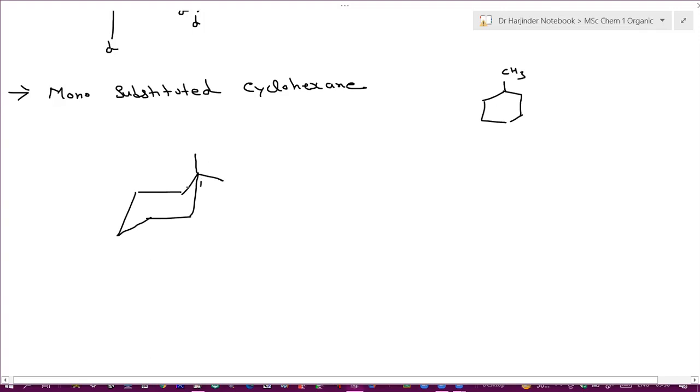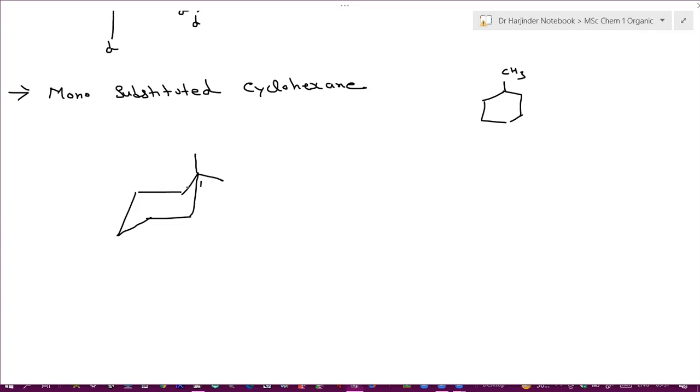Now the question comes, when a hydrogen is replaced by some other bulky group in cyclohexane, at which position will it prefer to go? At the axial position or at the equatorial position? Equatorial position.